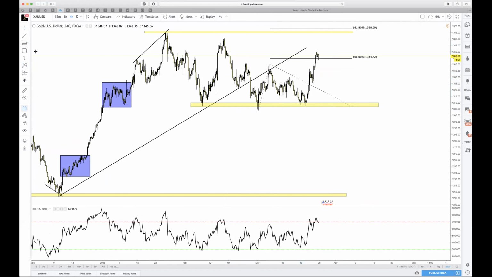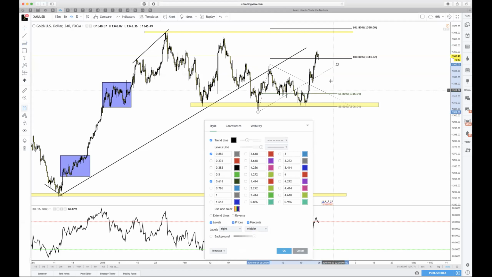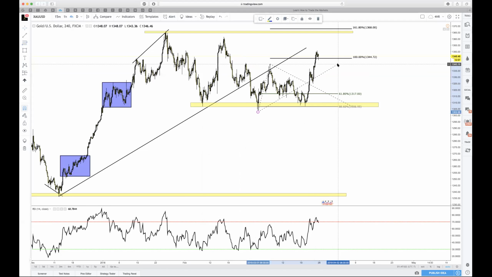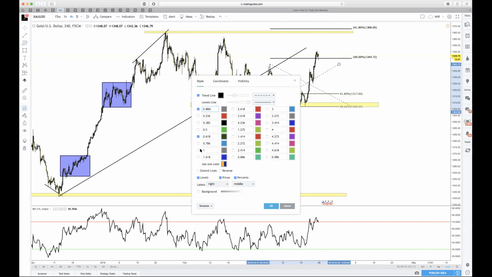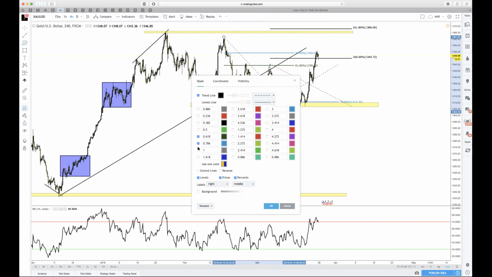Okay, and then after that, you do another Fibonacci from here to here. That's probably 88.6. Yep, almost there, but it's there. Maybe 78.6. Let's see. Yeah, 78.6. That's the number. 78.6 is touched. Now, from here all the way till here, 61.8.